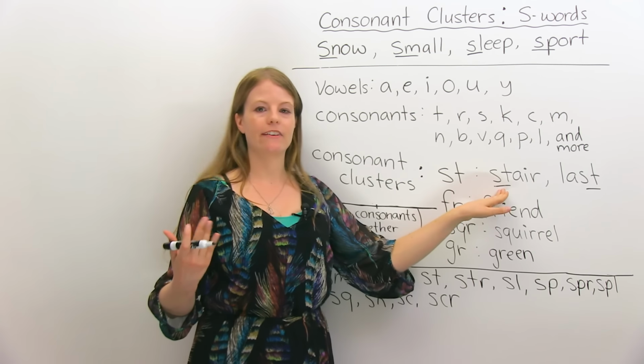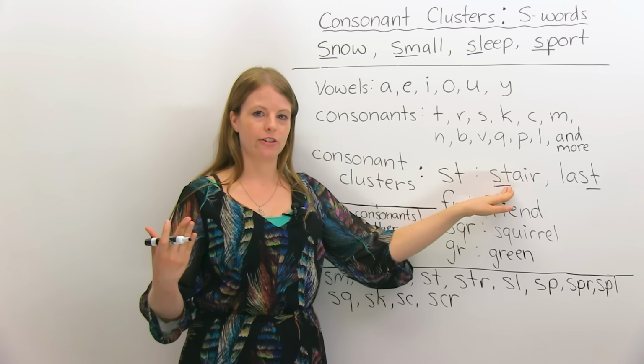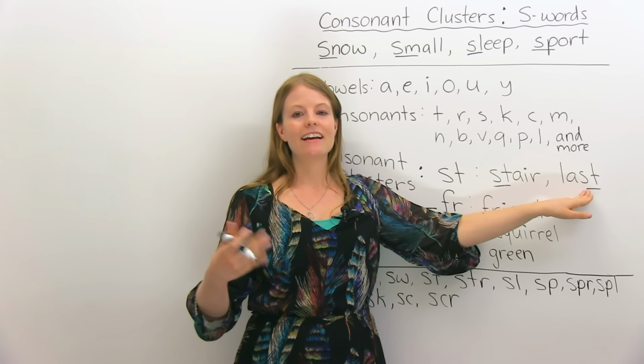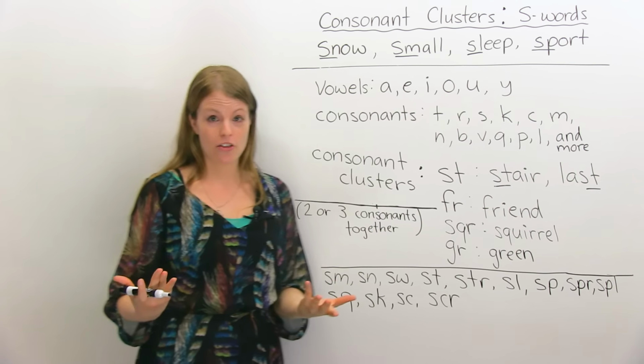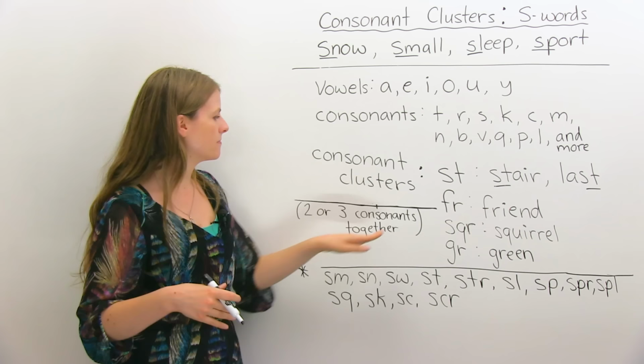So we pronounce this, for example, stare. So the ST is a consonant cluster. Or it can come at the end of a word like last. And a lot of students have trouble with consonant clusters because they're hard. You're pronouncing a lot of different sounds together.